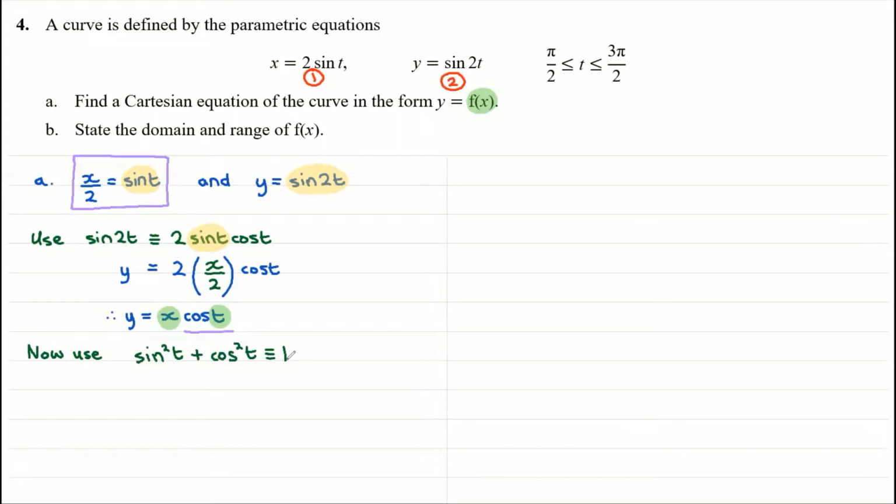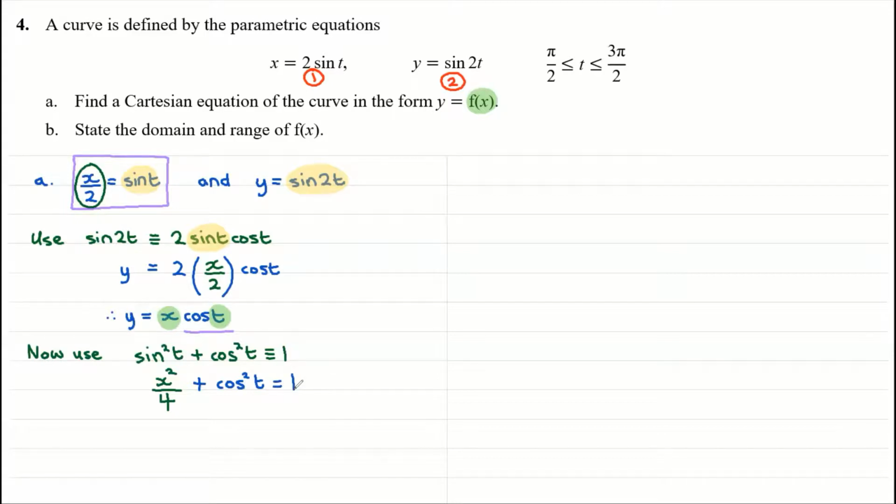Now, sine squared t is, of course, going to be x squared over 4, okay, by squaring this expression here. So x squared over 4 replaces sine squared t. Now, we add the cos squared t, and because I've made that substitution, which is equal, not identical, this must be equal to 1.